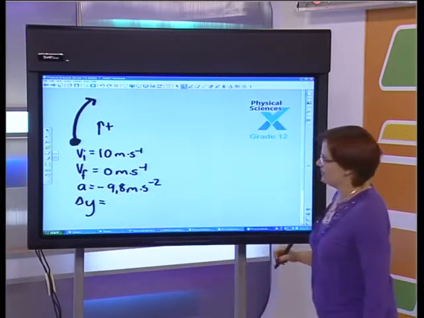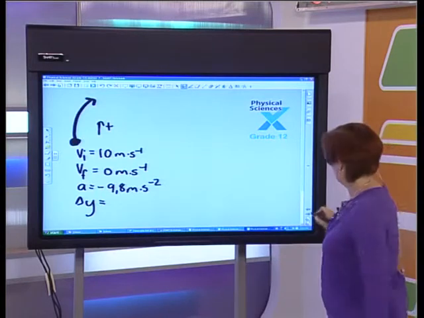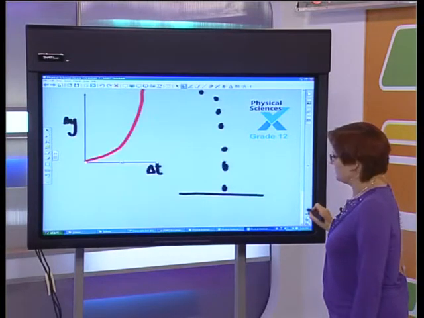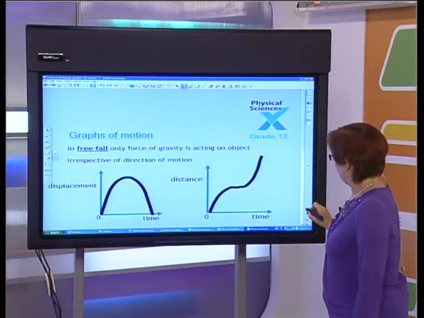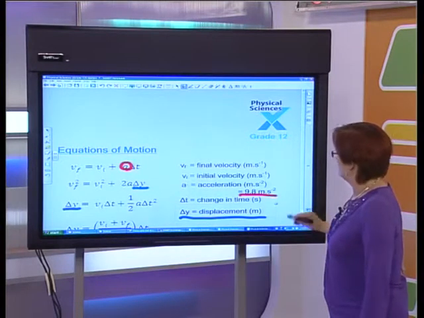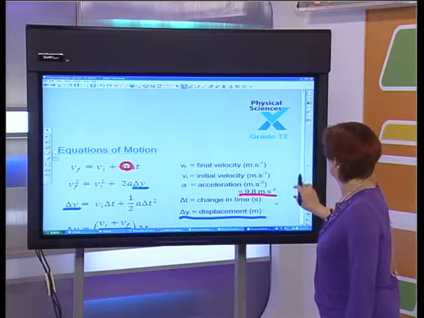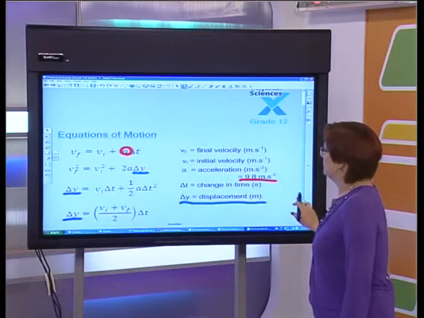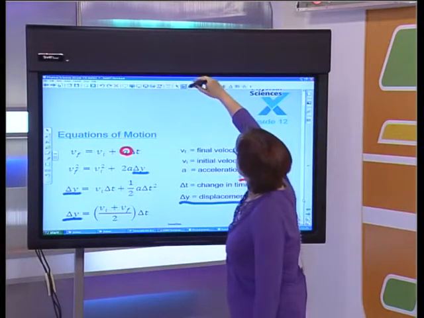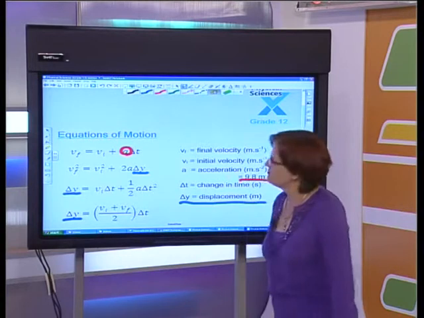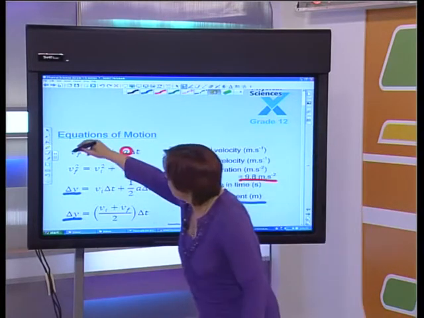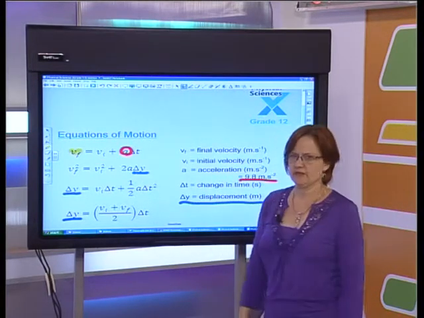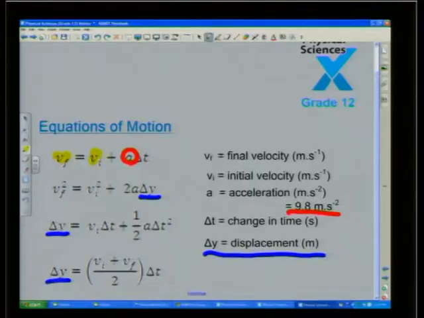Now, if we quickly scroll back to our equations, which I gave you earlier. How do we choose which equation to use? Because this is actually an important skill. So we go, okay, let's take my highlighter and decide what I know. I have final velocity. I have initial velocity. Let's get rid of that red.